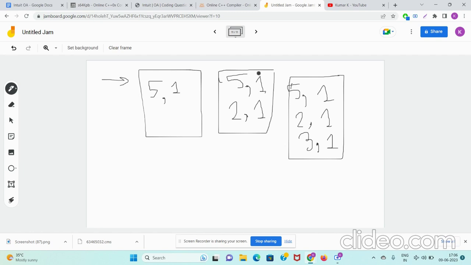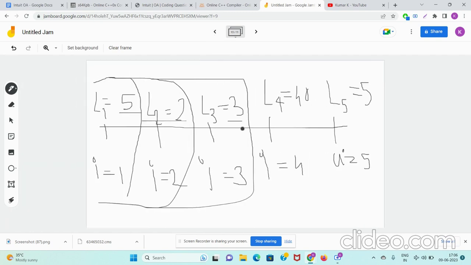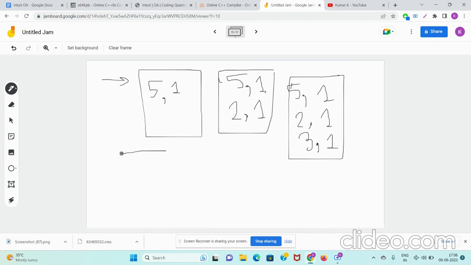Okay, so now when you come here, 40, the hash map will look like this: 5 comes for one time, 2 comes for one time, 3 comes for one time, and 40 comes for one time.